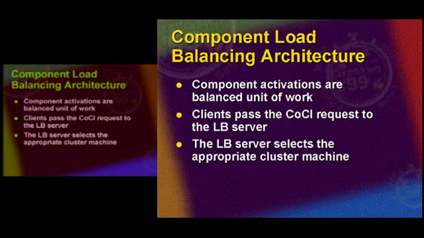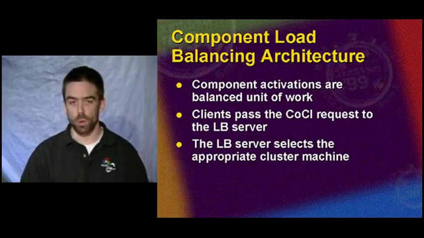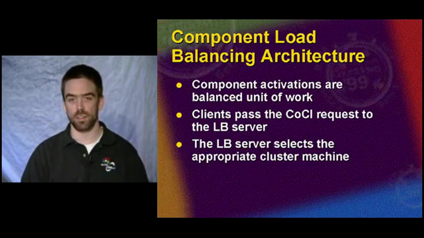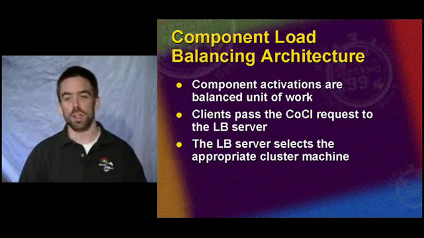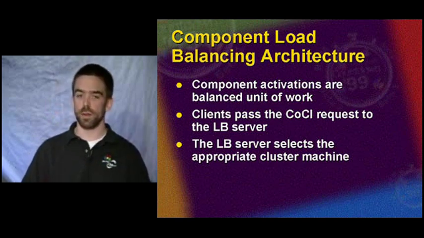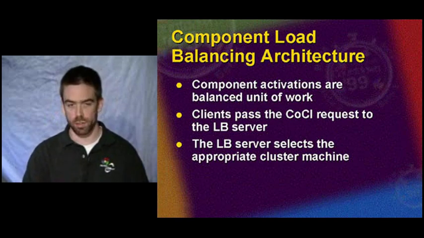Component load balancing in particular, the way it works is that component activations are the balanced unit of work. That is, the act of a client calling CoCreateInstance against a load balancing server is what gets load balanced. Specifically, a client will call CoCreateInstance to create an object against a load balancing server.